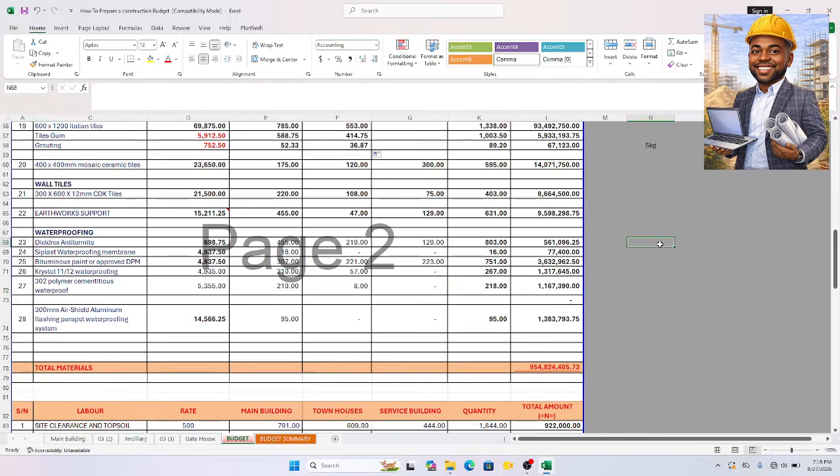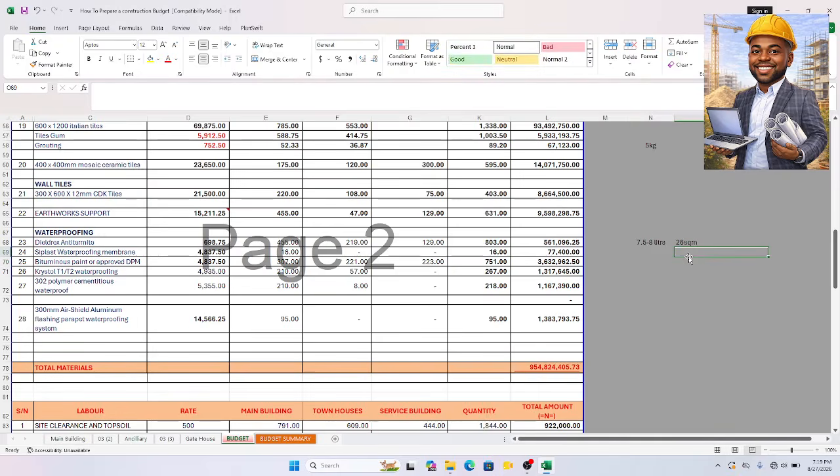We need about 7.5 to 8 liters for 26 square meters. Let's say 8 liters for every 26 square meters. So let's say we need 8 liters.